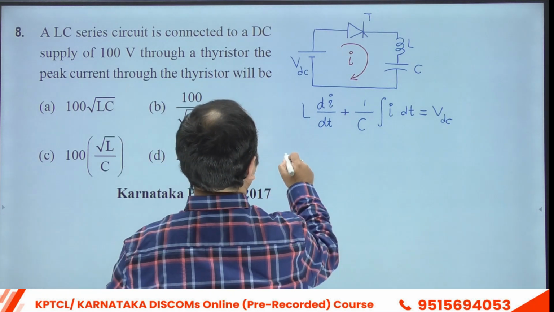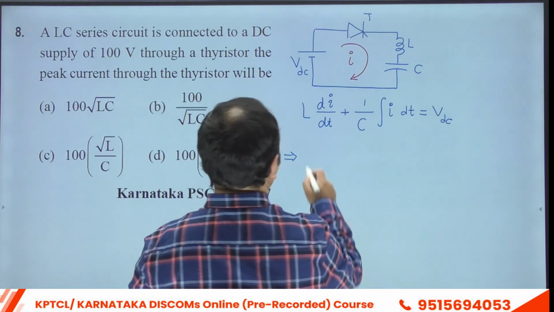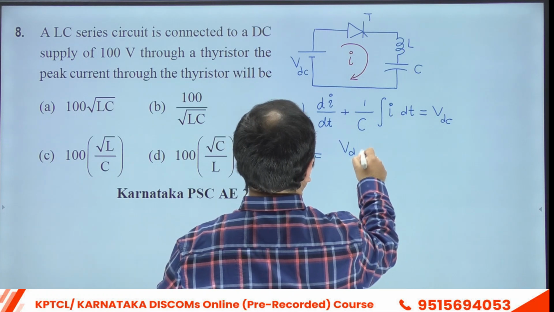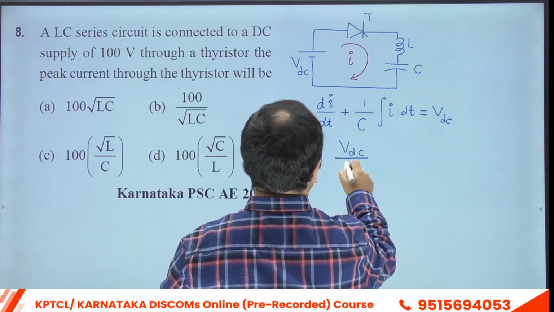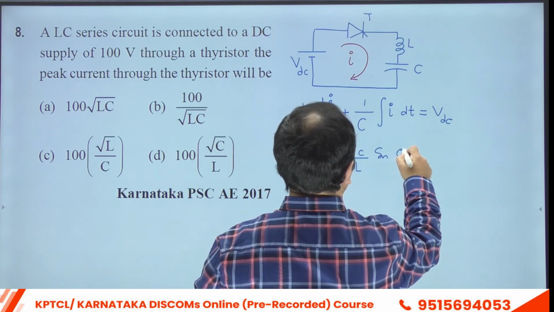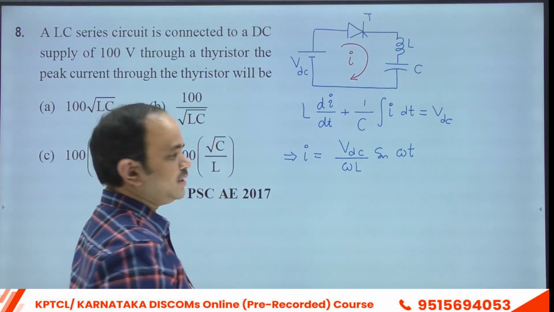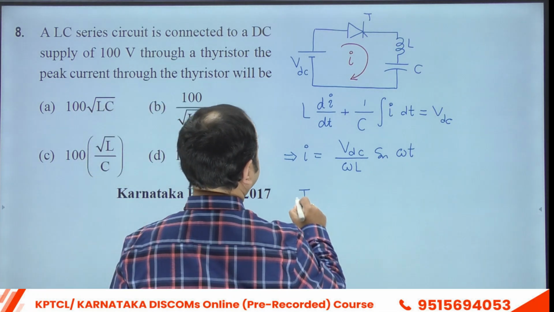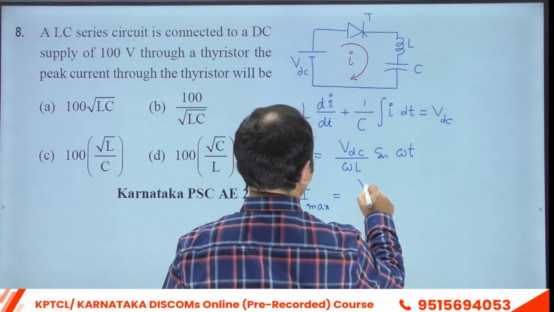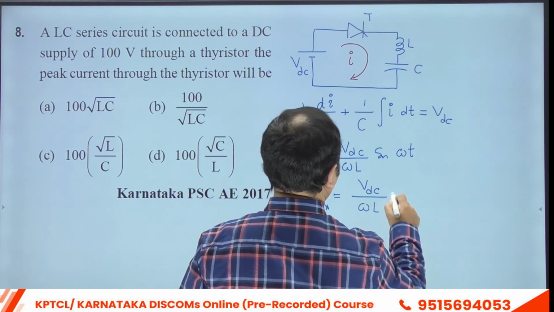By solving this equation, by applying Laplace transform on both sides, we will get the current equation: I is equal to VDC divided by omega L into sine omega t. Therefore, the peak current that is flowing through the thyristor will be VDC divided by omega L.